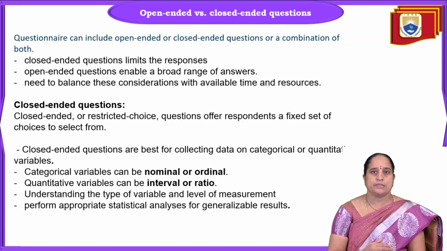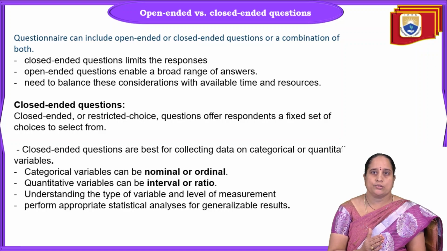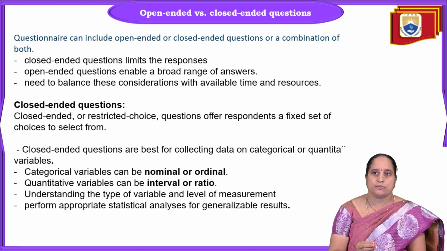Then coming to closed-ended questions, as I told you, they are restricted choice. The questions offer respondents a fixed set of choices to select from. So these questions are best for collecting data on categorical or quantitative variables.